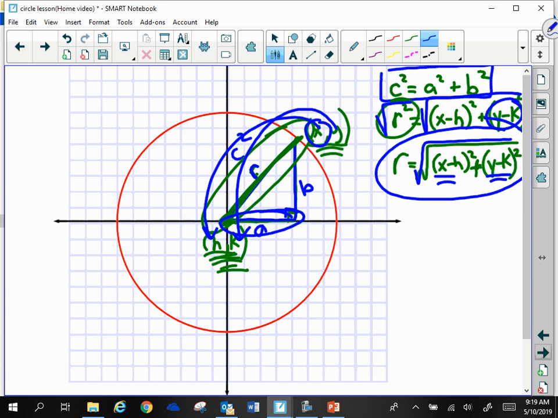Now, instead of using square roots, we're going to take this length right here and write it the way we originally had it, because I'm going to avoid square roots if I can.